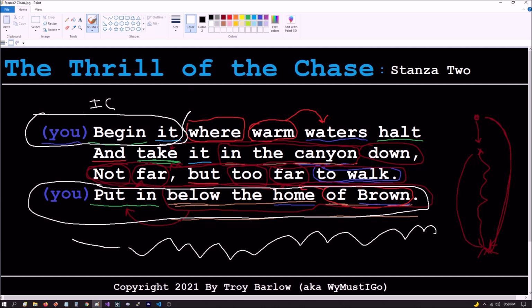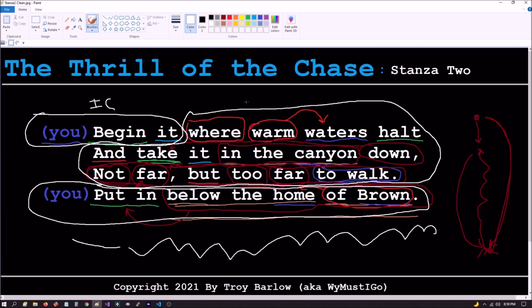All right. That entire thing is a dependent clause. And because there's no comma here, it's really clear that this conjunction is joining halt and take, both verbs.